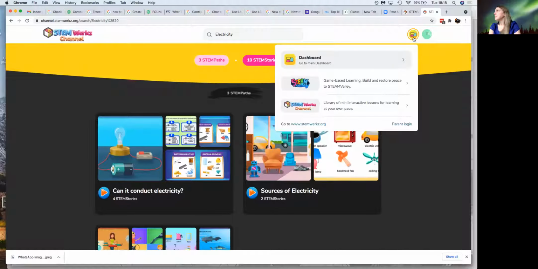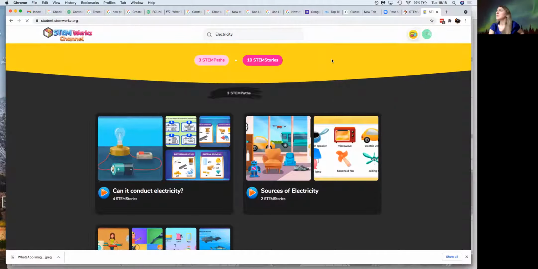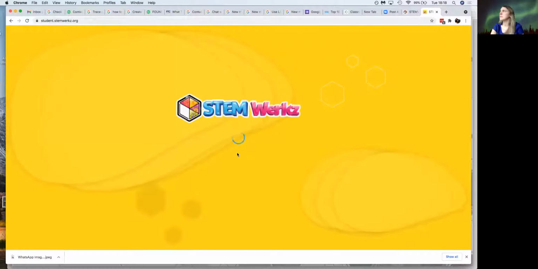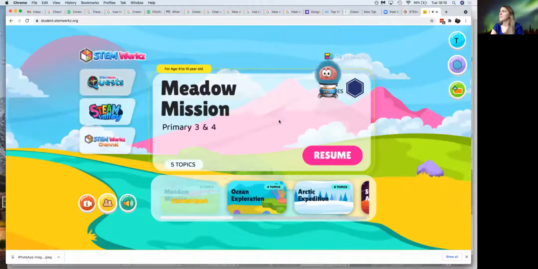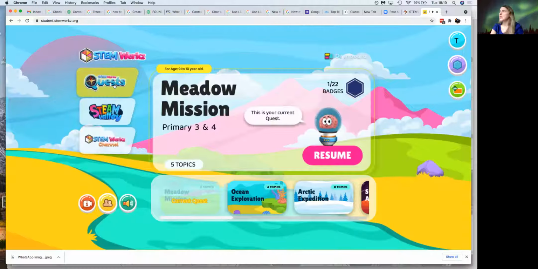And if we just go back to the dashboard, the main dashboard. So at the main dashboard, then you can see that there are the quests here.